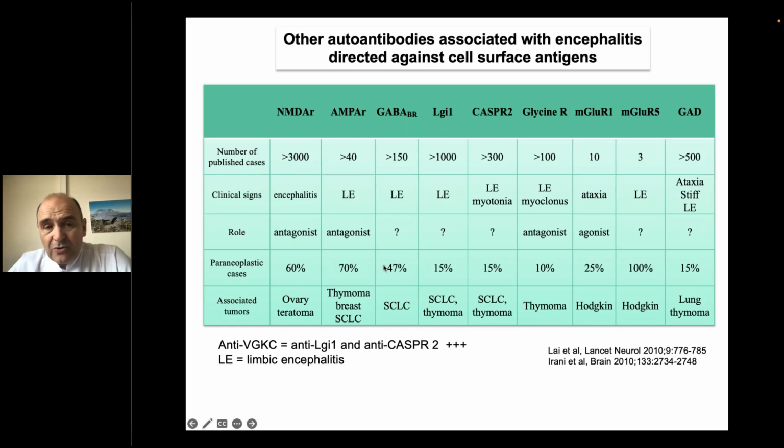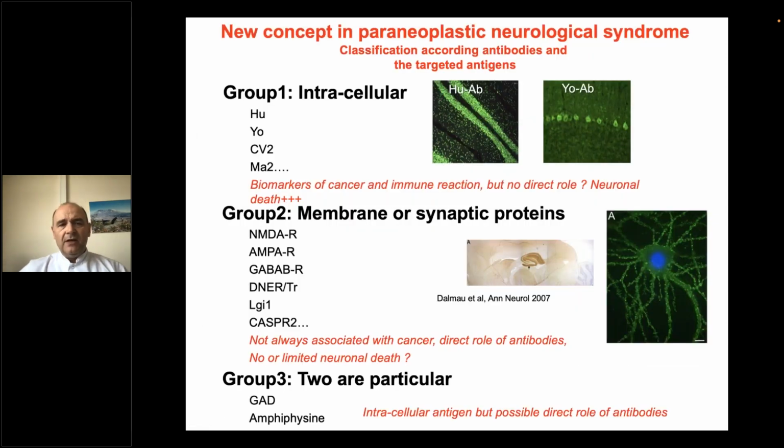According to the autoantibodies, they can be paraneoplastic or not paraneoplastic, such as LGI1 or Caspr2. And so we changed the concept. If you have intracellular antigens, which is the case for Hu, Yo, or CV2, it's a good biomarker of cancer, and so it's a paraneoplastic syndrome. It's mediated by immune reaction, but mainly T cells. There is no direct role of the autoantibodies, and it's associated with neuronal death.